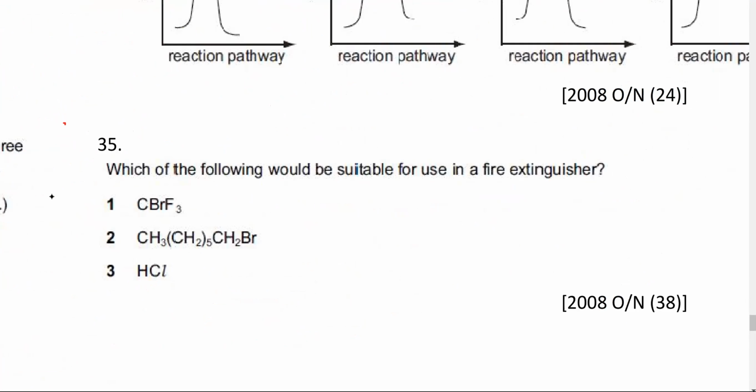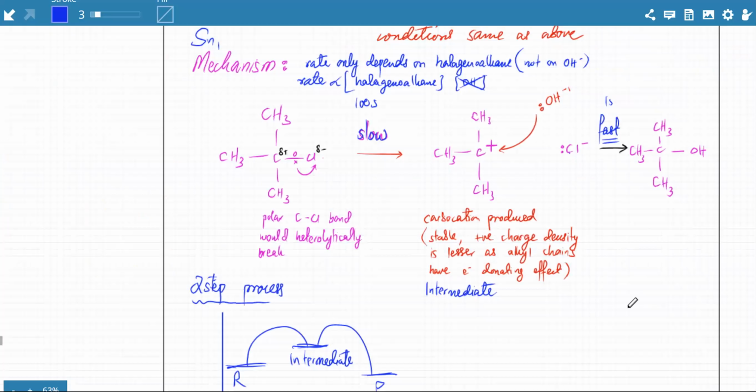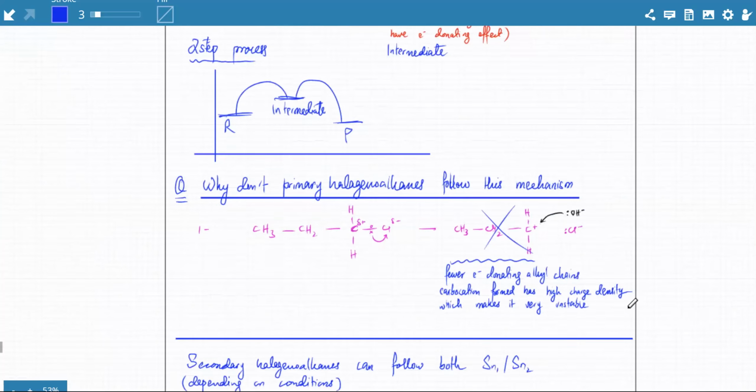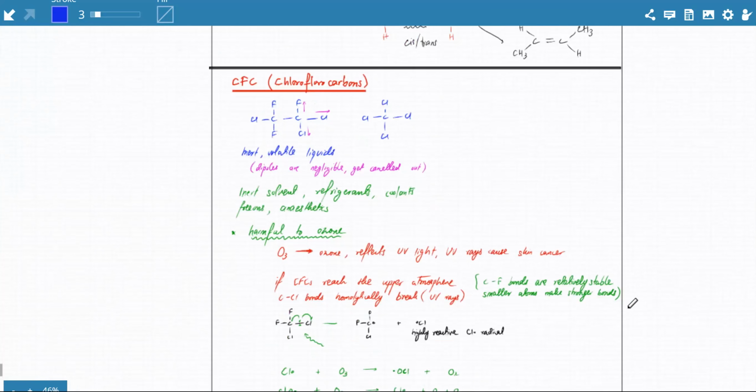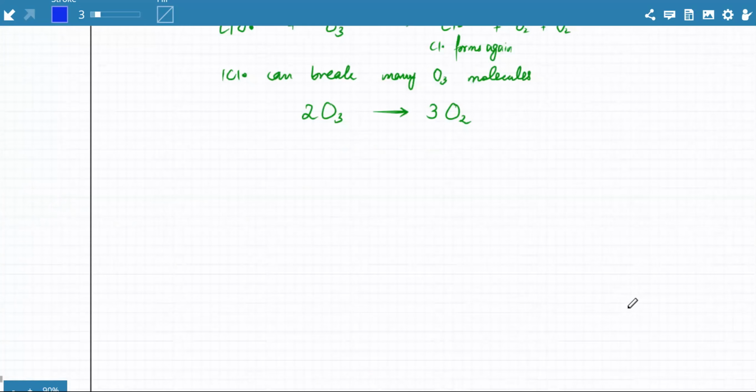अच्छा, now which of the following would be suitable for use in a fire extinguisher? तो अच्छा, fire extinguishers का ये कि ये मेरे ख्याल से we should write this down. We talked about CFCs. कुछ questions fire extinguishers के ऊपर भी है.